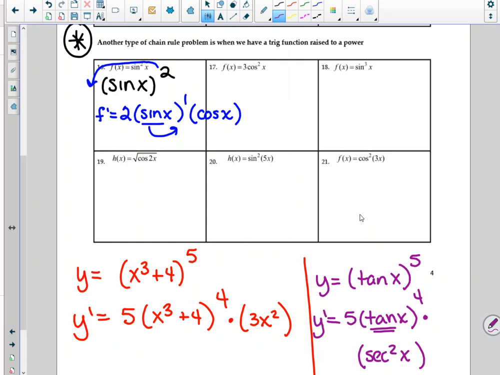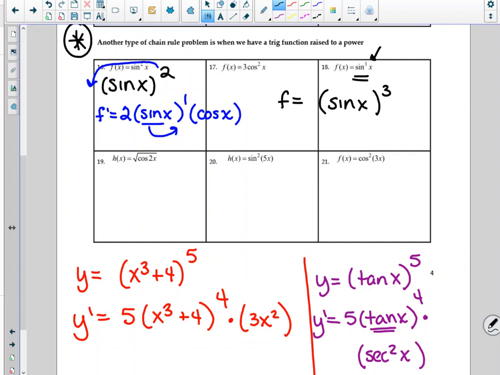The other thing that can compound the difficulty level of these is the way they're written. Okay? It's an acceptable notation to not use parentheses, and so on a problem like number 18, sine of x quantity cubed, the parentheses are not there.